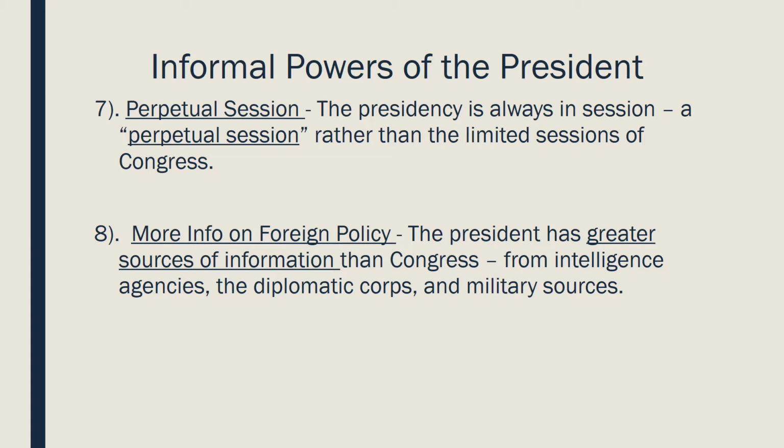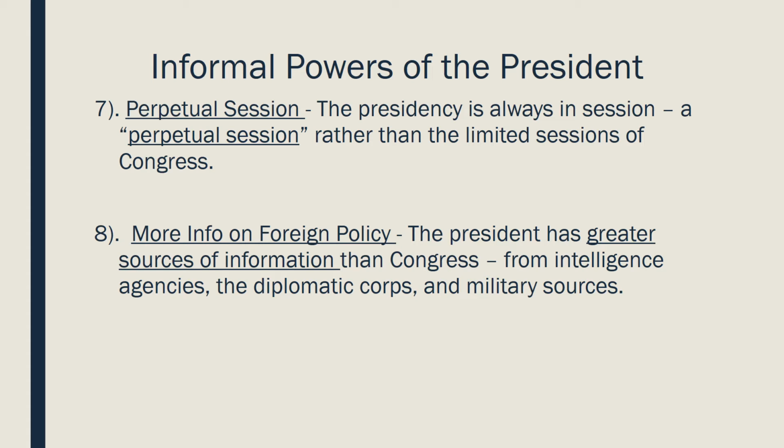This goes along with this final point. Another informal power of the president is that they have more information on foreign policy. Because the president is the leader of the executive branch, and it is the executive branch that is dealing with foreign policy, the State Department, the CIA, the National Security Agency, the Defense Department, so on and so forth.